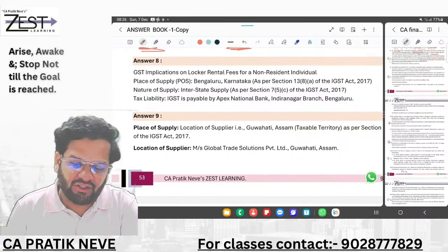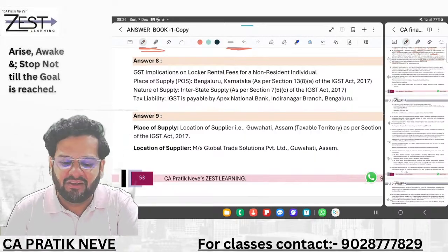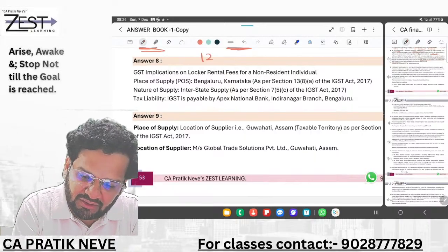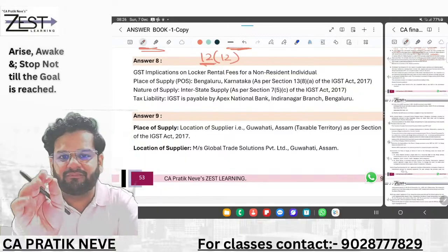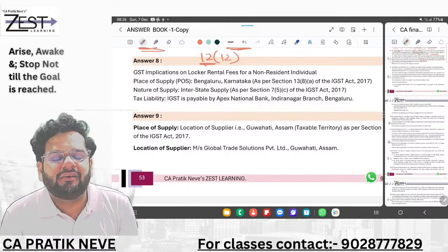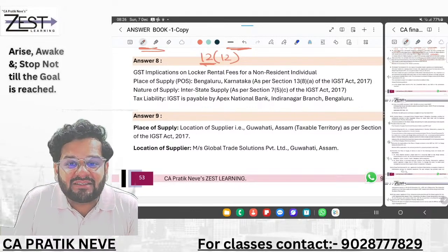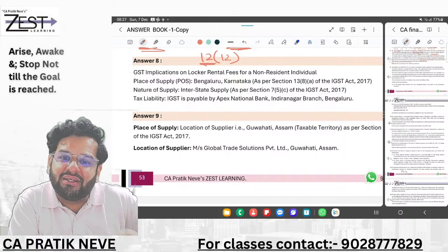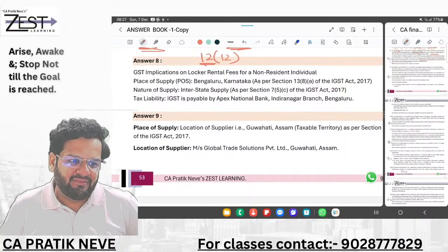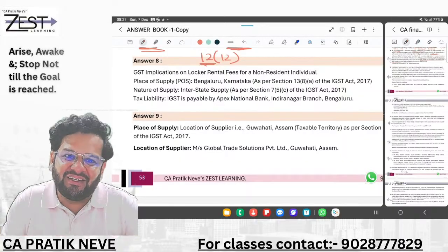See, what problem has happened here is that we may not be able to stick with 12(12), because in section 12 the supplier as well as recipient of supply has to be in India. LOS and ROS should be in India.